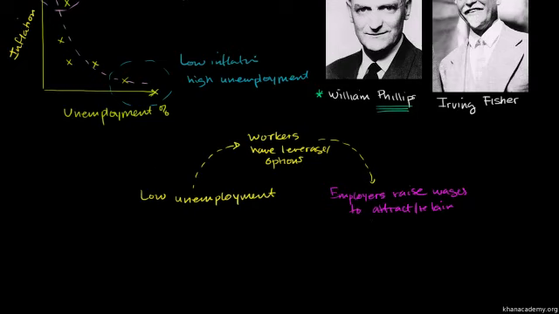So this is increasing workers' buying power, which would increase their demand. So this is going to increase their demand for goods and services. And if they're increasing the demand for goods and services, it's going to increase the utilization of all of the factors of production, of land, of capital, of entrepreneurship, and of labor. And so that's going to lower unemployment even more.